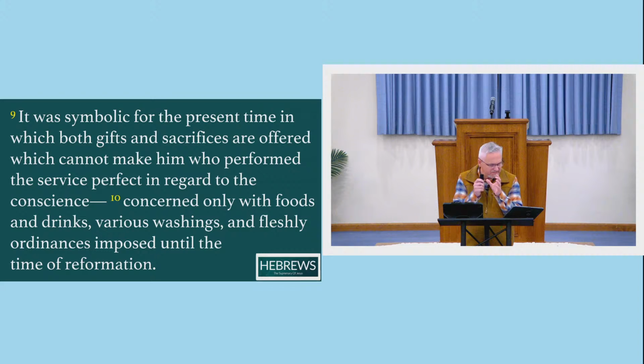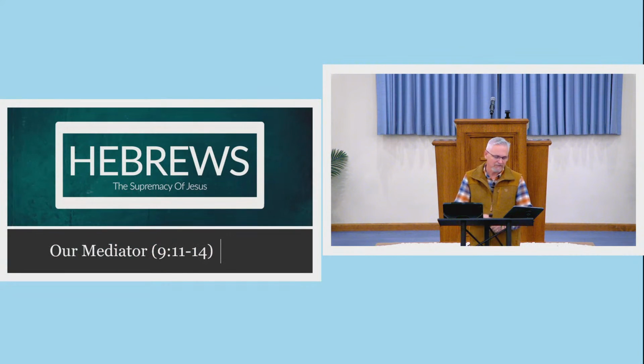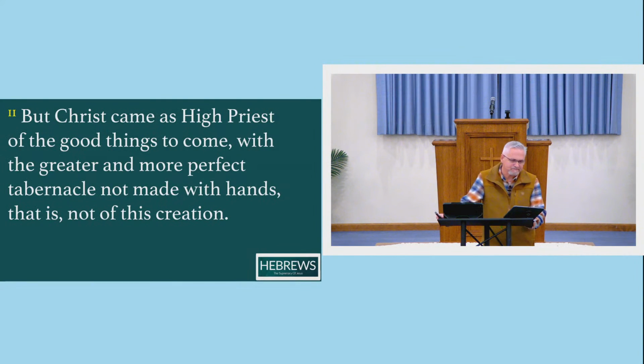But it was concerned with these foods and drinks and various washings and fleshly ordinances or laws imposed upon them until the time of Reformation. In verse 11, but Christ came as high priest of good things to come, he says, with a greater and more perfect tabernacle, not made with hands, that is, not of this creation.